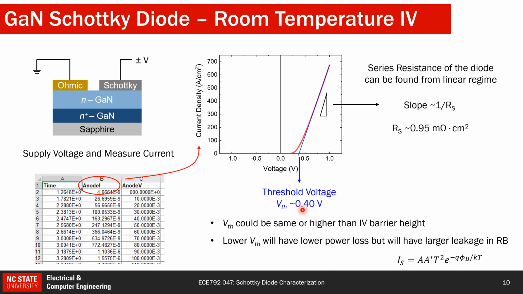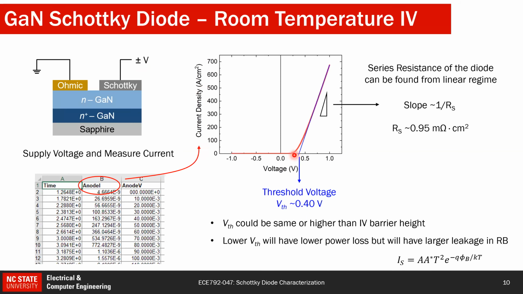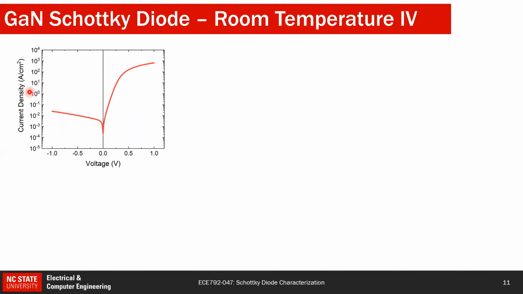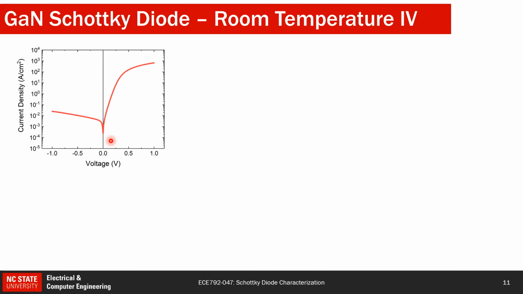Now if I plot the same graph that I had here, which was in a linear scale, in a log scale, with the log scale on the y-axis and the same linear x-axis, then I can see what my leakage is, because from the previous graph I can't see the leakage. Here I can see the leakage increasing when I apply more and more reverse bias voltage.